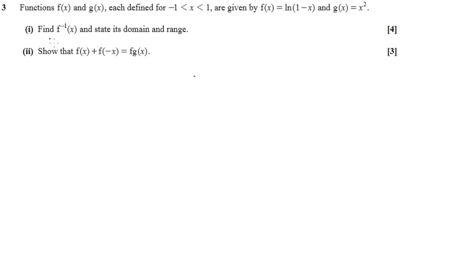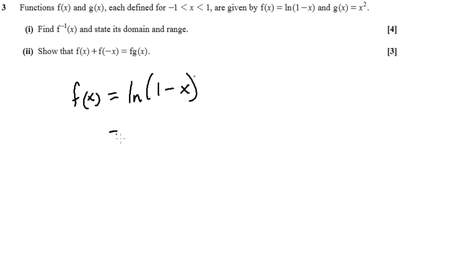Question 3, part 1, we need to find the inverse function, inverse f, and state its domain and range, where f(x) is natural log of 1 take x. So let's start by writing down the equation f(x) equals natural log of 1 take x.